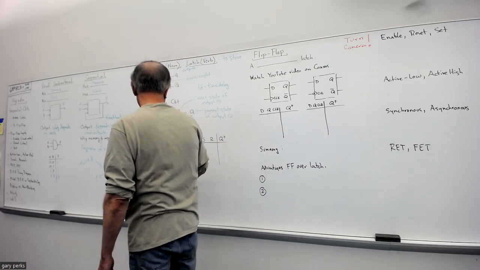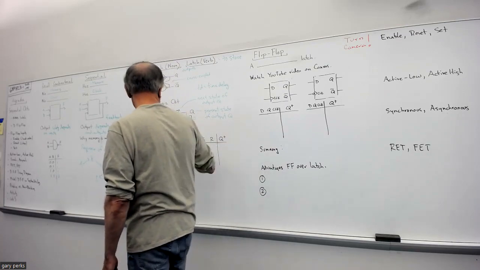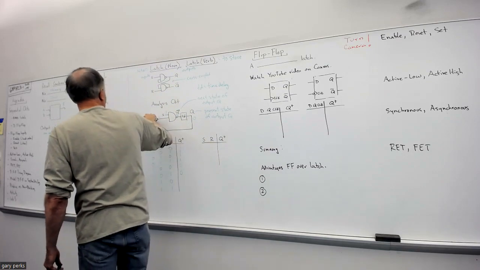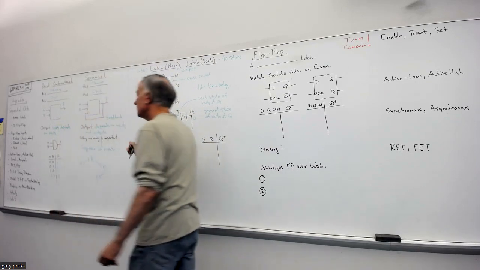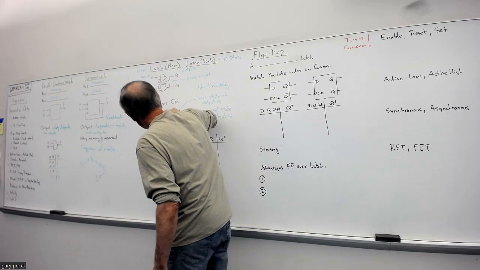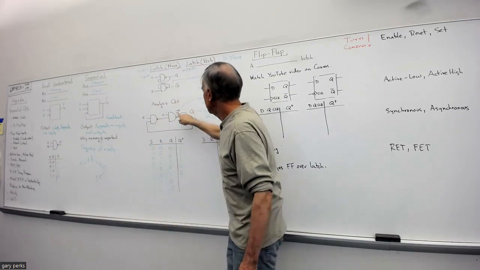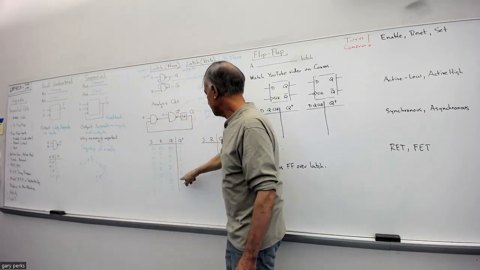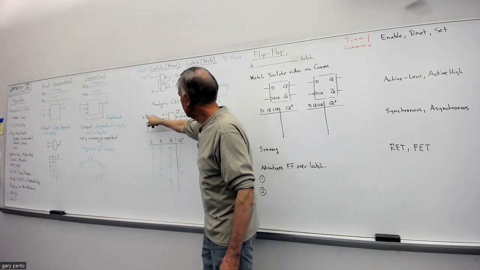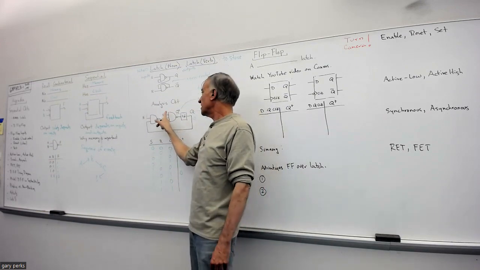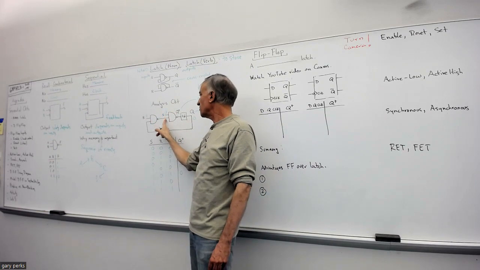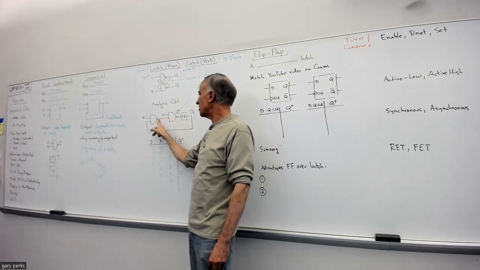All right, so let's see. This row, Q is 0. R and S are both 1. So again, since this is a 1, I have to know what this input is, which is the same as this output.